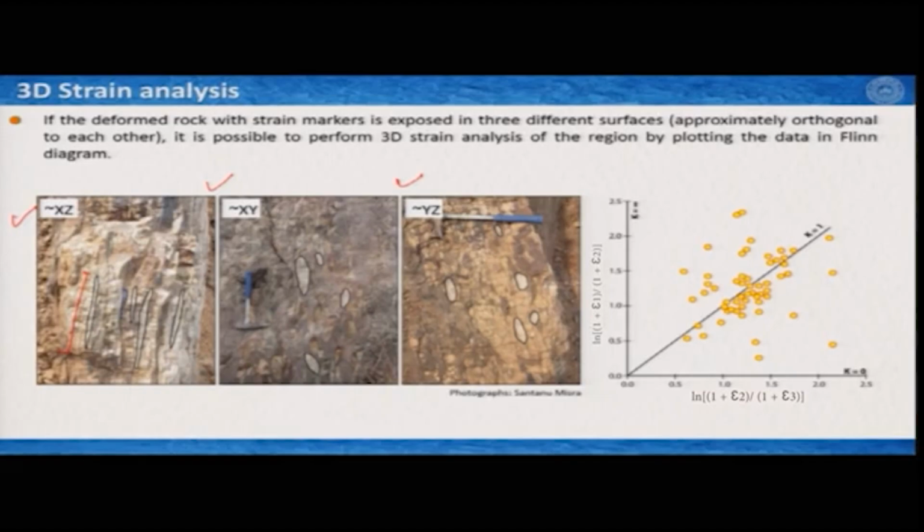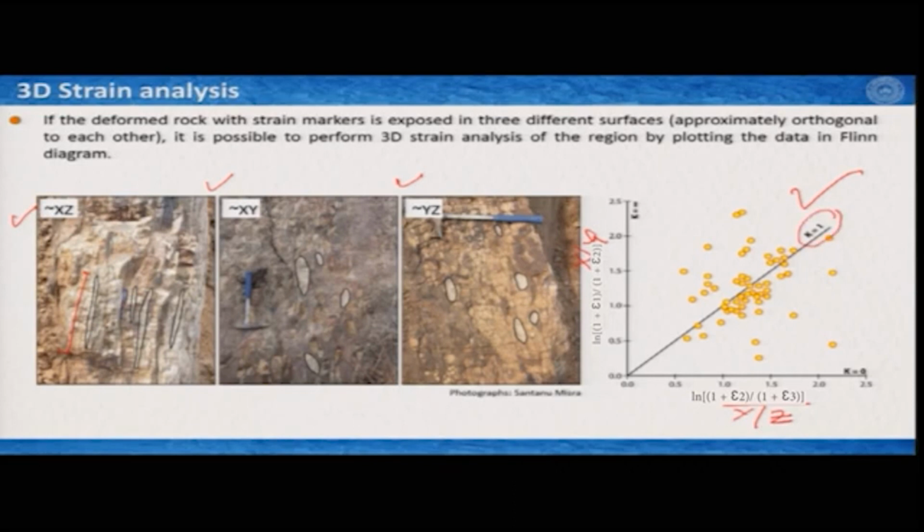What the students do in the field is measure this long axis versus short axis, figure out the stretch on each plane, and then plot it in the Flynn diagram, which you see here. And when they plotted it, they got an excellent cluster along K equal to 1.